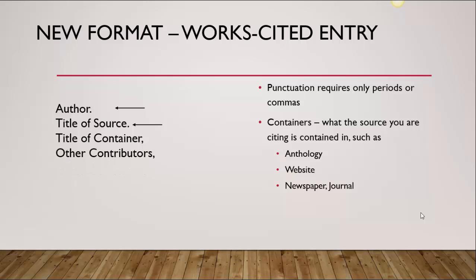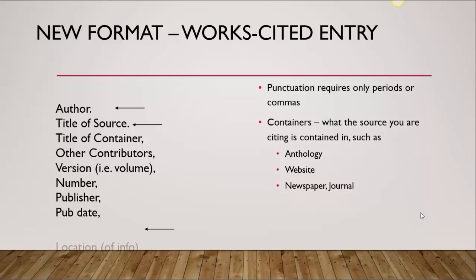You'll need to include any contributors, if there are some. If you're dealing with a journal or magazine or newspaper, the volume or issue number, the publisher, the date of publication, and the location of all this info.